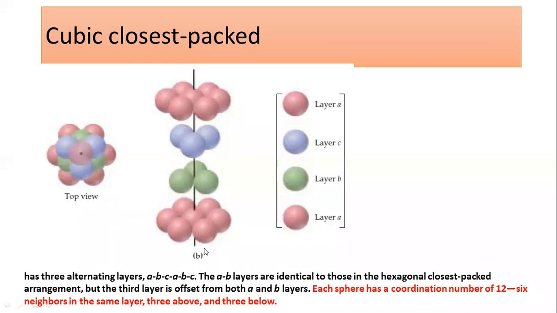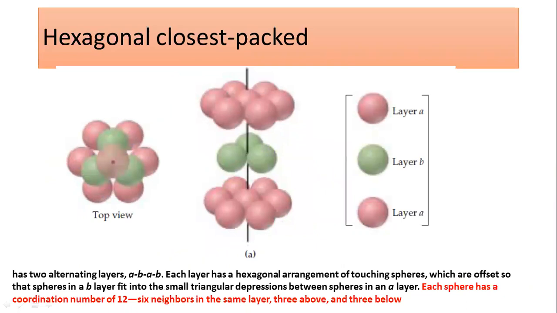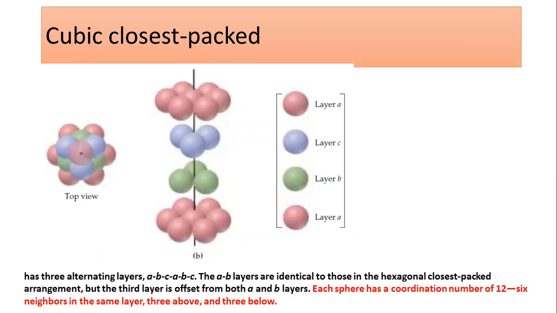So that's why the coordination number will remain the same as in the case of the hexagonal closest packing. So the coordination number in both packings would be 12.